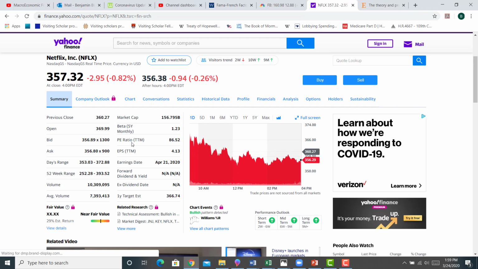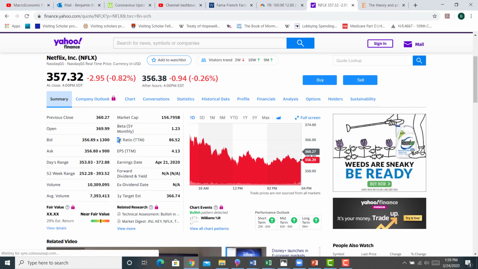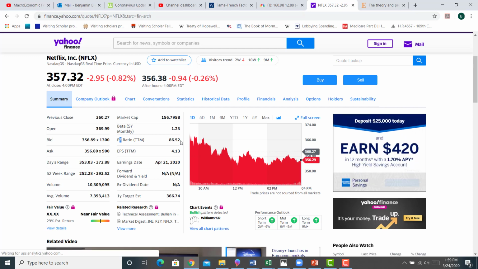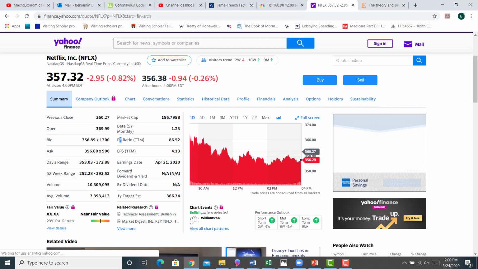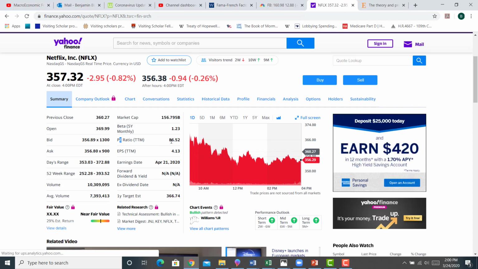They've been very innovative. And notice something here. We have the PE ratio. This is the price determined by the market, the price per share relative to the net income or the earnings per share. And notice that Netflix has a PE ratio of 86.52, suggesting that the market has bid up what is on the books, the earnings on the books. Does that make sense? For every dollar of earnings, Netflix is priced at $86.